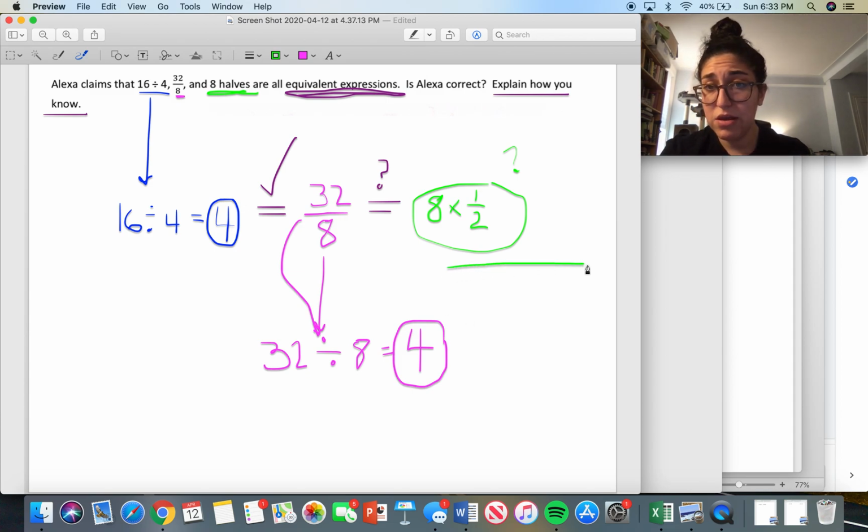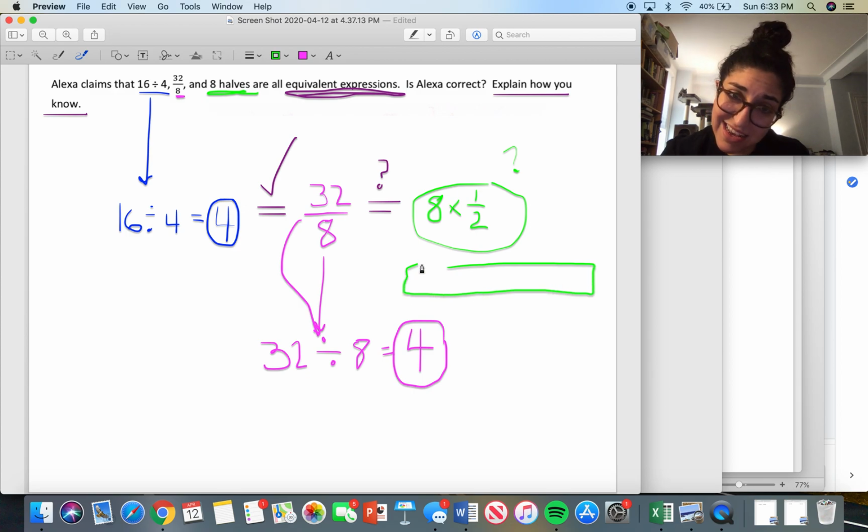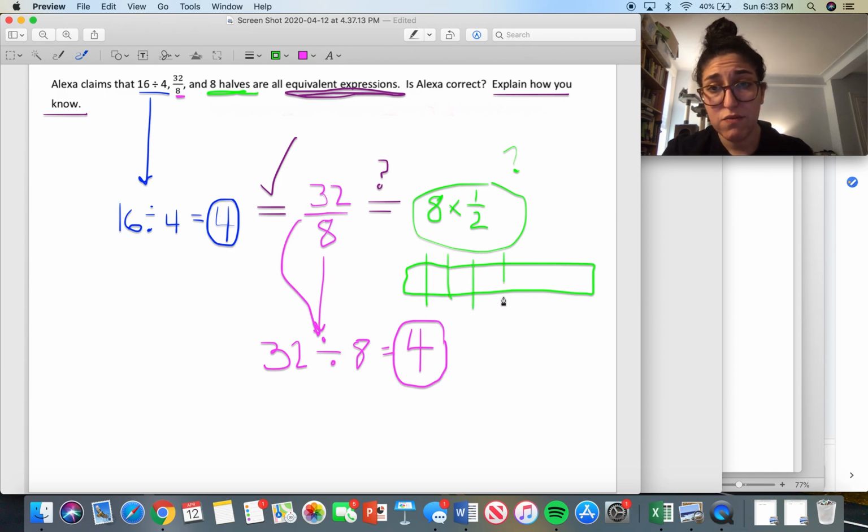One is I can draw 8. 1, 2, 3, 4, 5, 6, 7, and then there's 8.